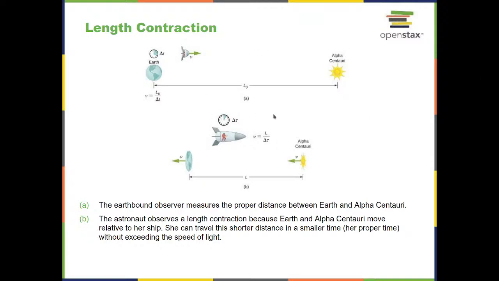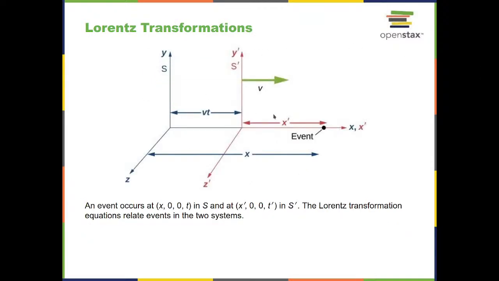Okay, so the last thing we're going to do in this course is tie this new approach of Lorentz, of special relativity, back to the original thing we started with, which was the transformations between coordinate systems in Newton's laws.